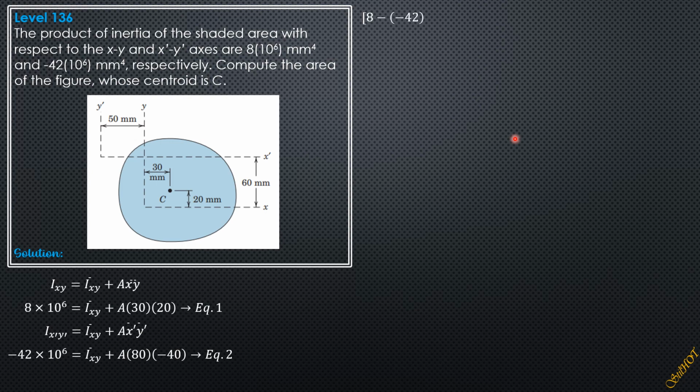So 8 minus negative 42 times 10 to the 6 equals A times the quantity 30 times 20 minus negative, because this is negative, so just make it positive here. We can now solve for the area, and the area is equal to 13158 mm squared.